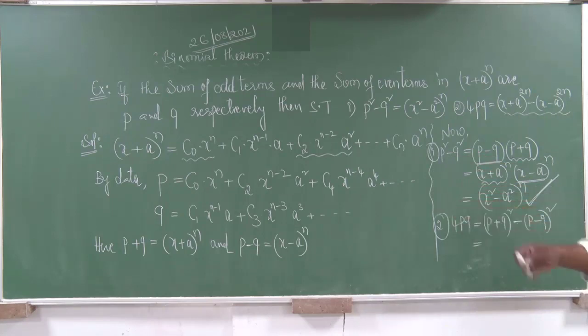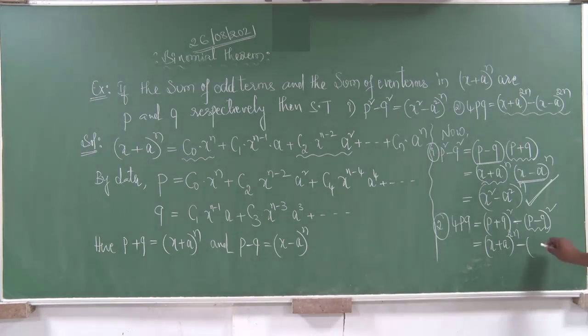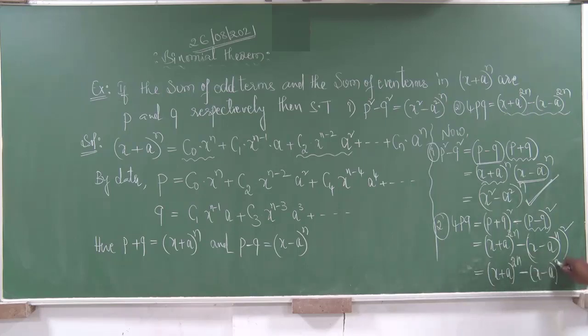P + Q is nothing but ((x + a)^n)², and P − Q is ((x − a)^n)². So the total value is (x + a)^2n − (x − a)^2n. Okay, this is also from the JEE Mains point of view.